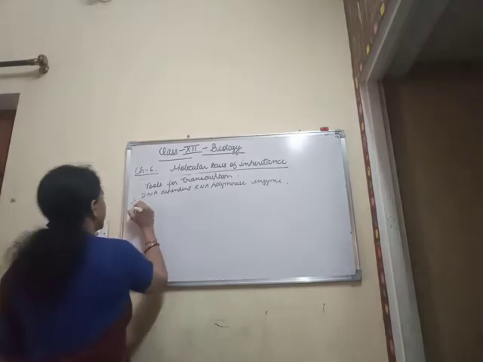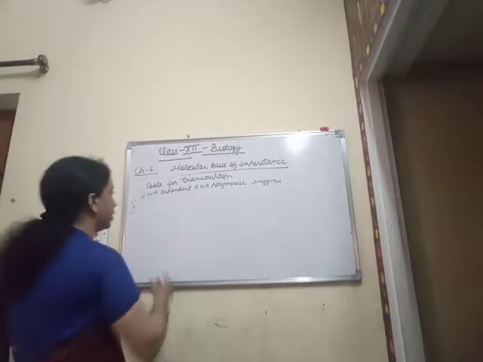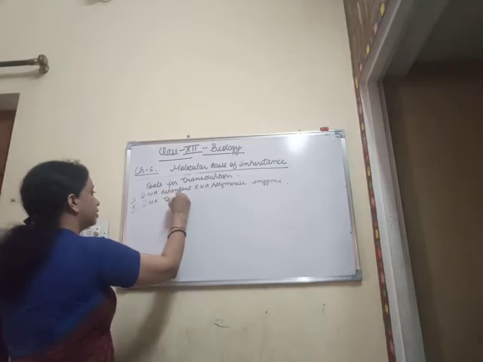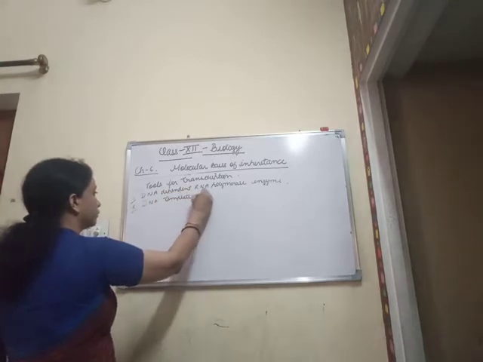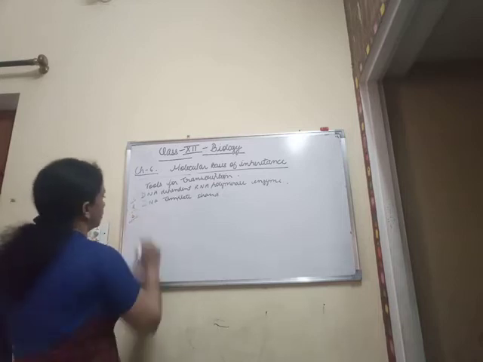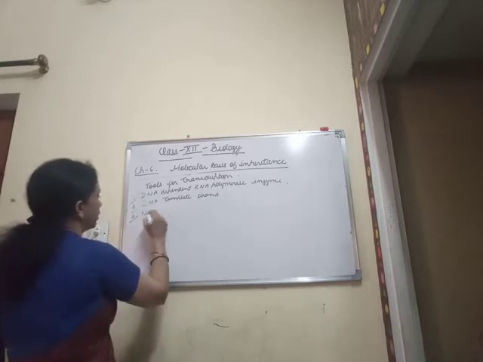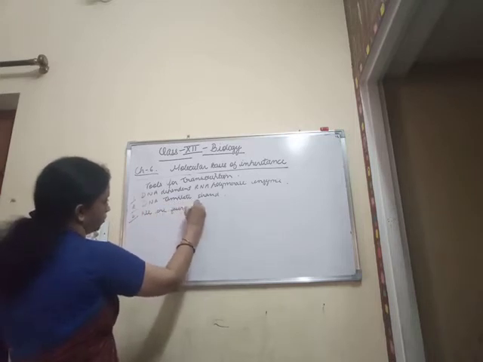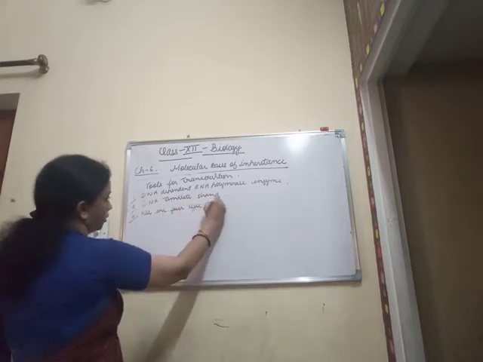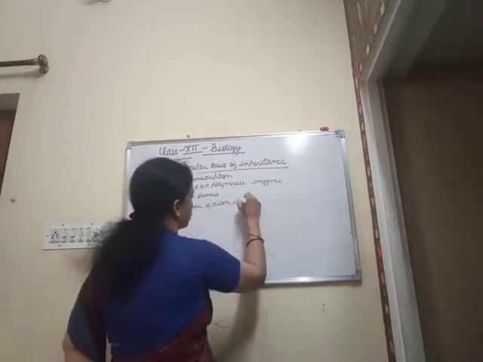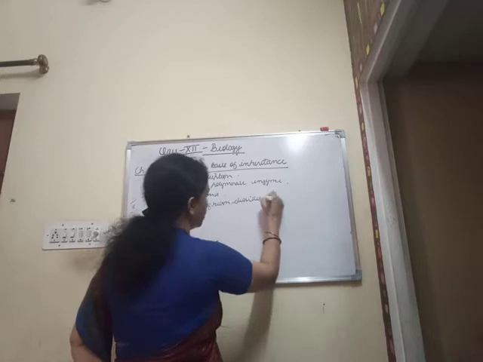Then a DNA template strand. Clear? Then third is all the 4 types of ribonucleosides. And what are these 4 types?